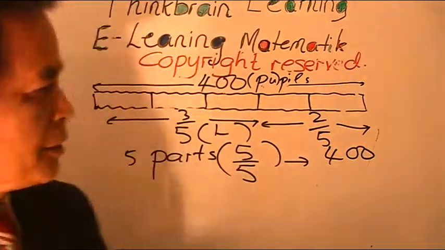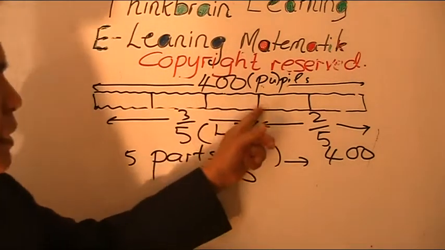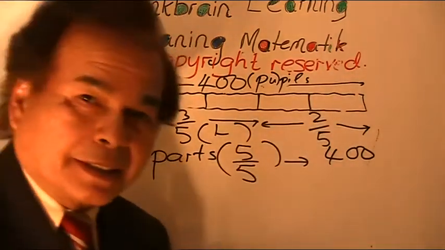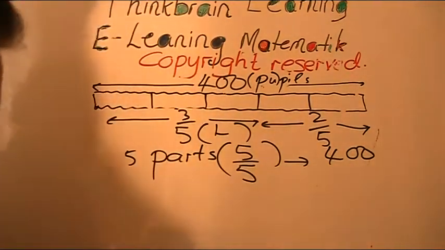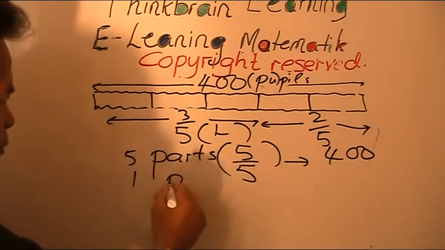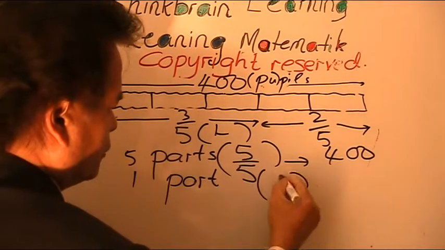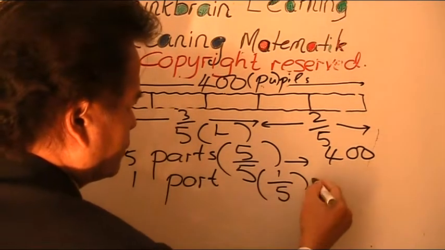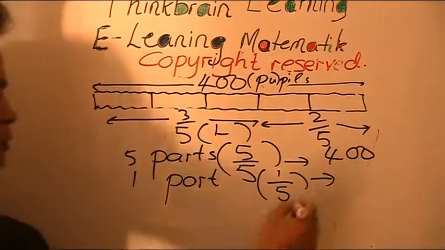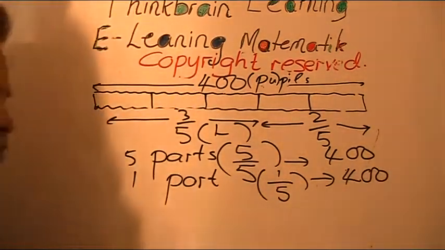Right, carilah 1 bahagian. Cari 1 bahagian, dapatlah 2 bahagian berapa kan? Okay, so what you do is 1 part first. 1 part, which is 1 over 5. So that will be what? 400 multiplied by 5 or 400 divided by 5?